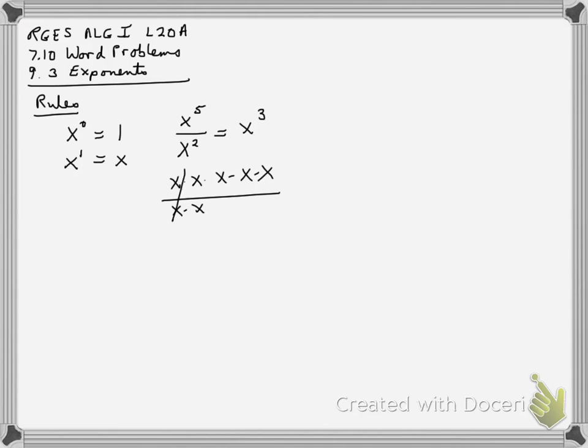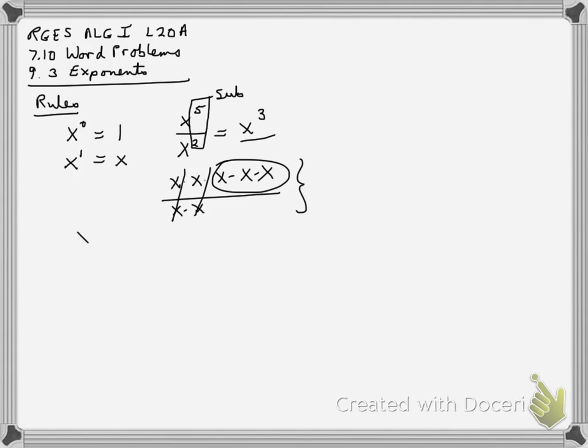And so when I cancel, I'm left with 3 up top. So that's kind of the visual form there, and we understand that that means subtract exponents. And so my answer is going to be this.